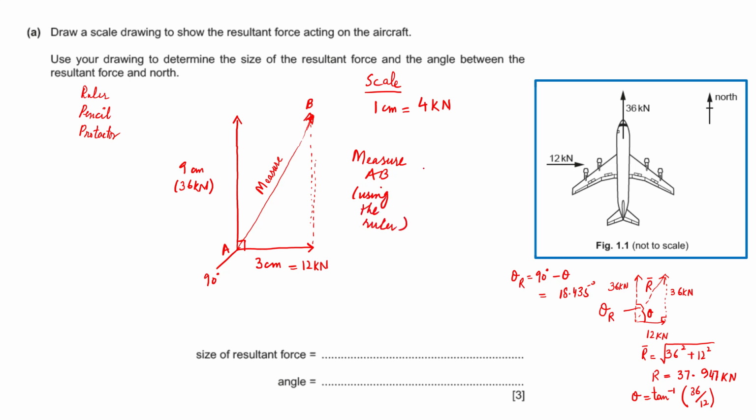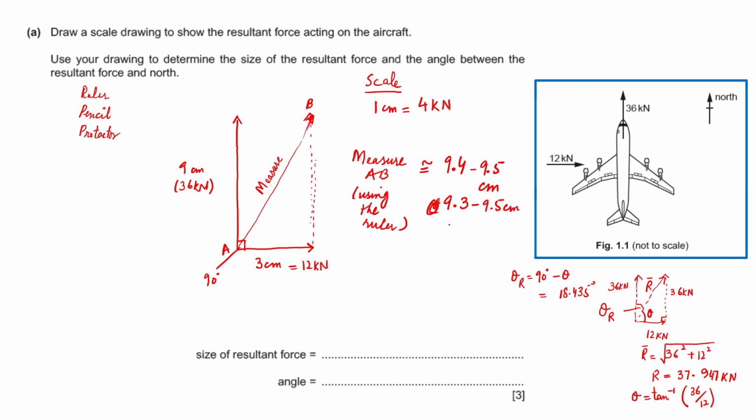So you measure the length AB using the ruler, and this will come out to be something around 9.4 to 9.5 centimeters. You can also say that this is something between 9.3 and 9.5 centimeters. It will be something in this range.